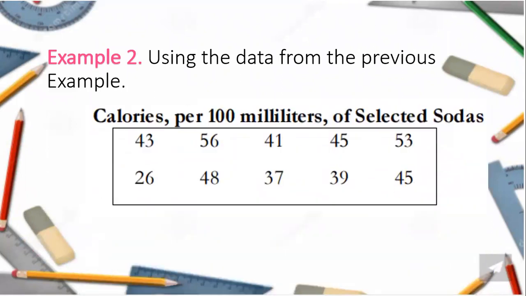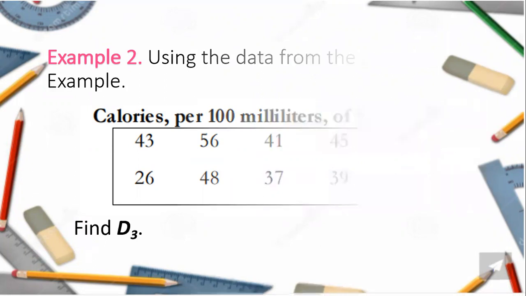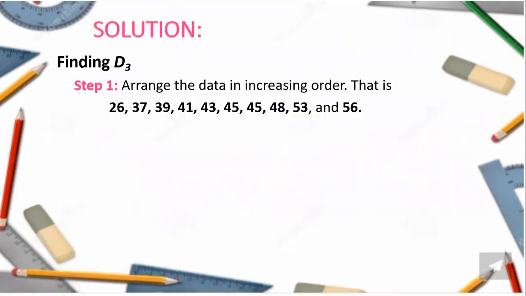For our example, using the data from the previous example on 10 popular sodas, we have the calories per 100 milliliters. We find the third decile. Step 1, we arrange the data in increasing order: 26, 37, 39, 41, 43, 45, 45, 48, 53, and 56.